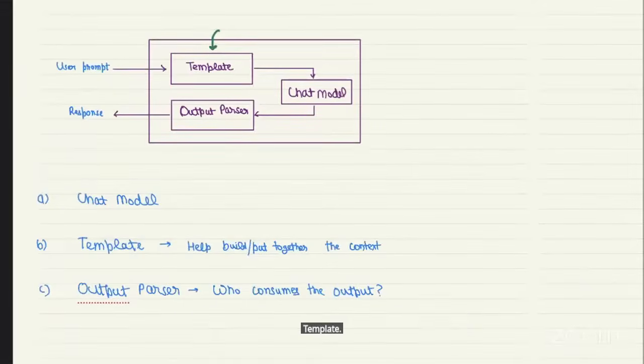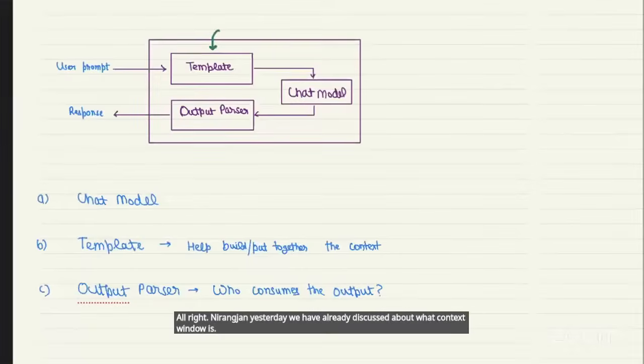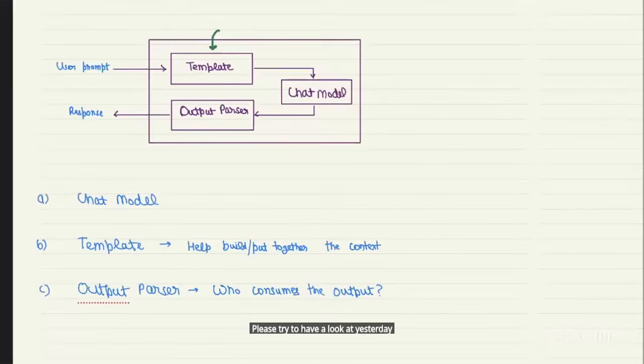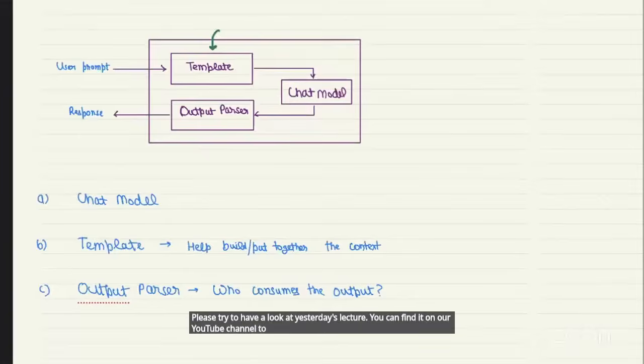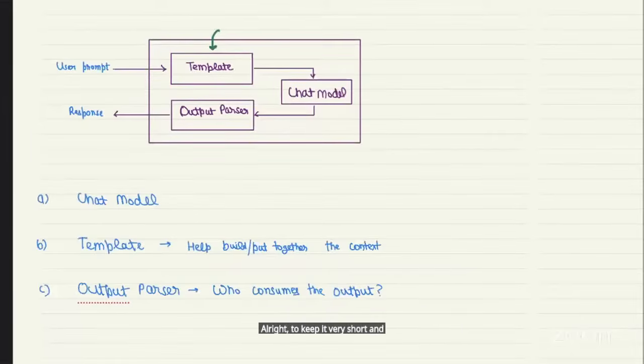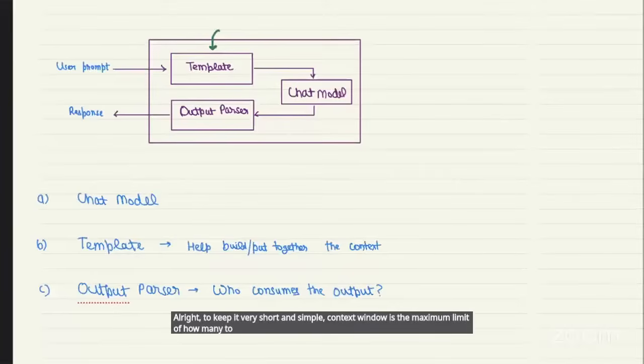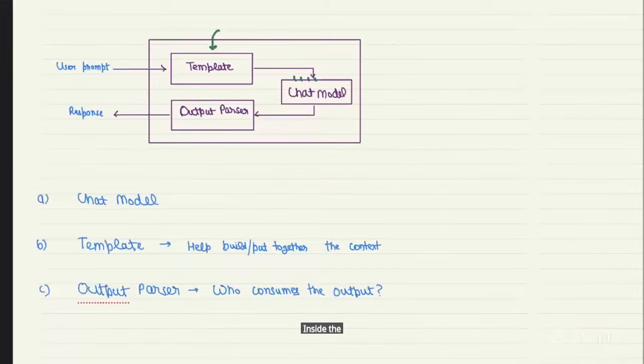Niranjan, yesterday we have already discussed what context window is. Please have a look at yesterday's lecture on our YouTube channel to understand what context window is and what it really does. To keep it very short and simple, context window is the maximum limit of how many tokens you can insert inside the large language model in a single iteration.